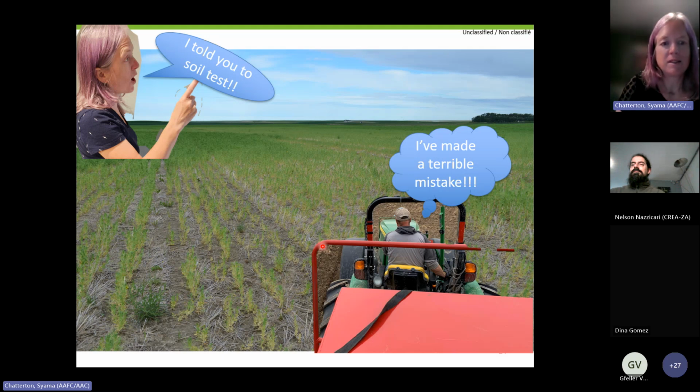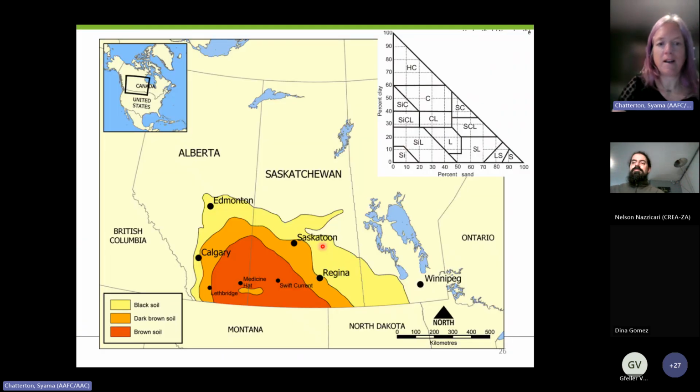Now, the problem with soil testing is that our pea and lentil growing region in Canada, like I said, is very vast. We have about 1,200 kilometers from one end to the other of the pea and lentil growing region. And we also have a lot of different soil types. Our soils are categorized into a black soil zone, which has high organic matter and is fairly wet.